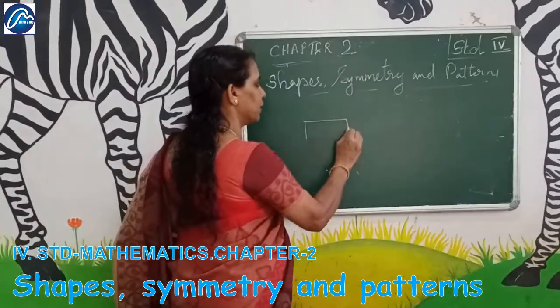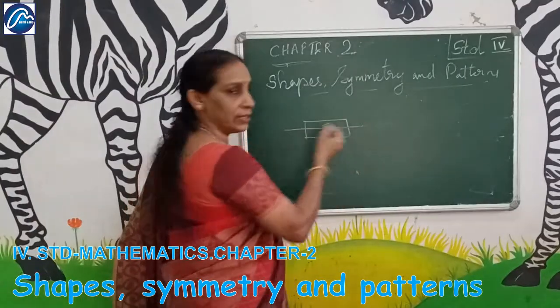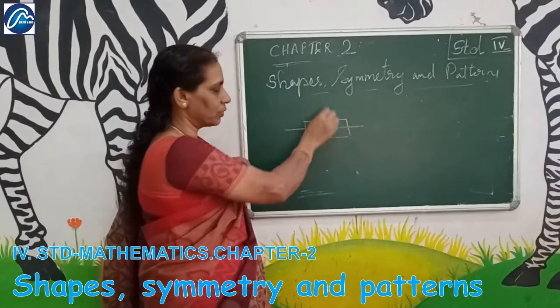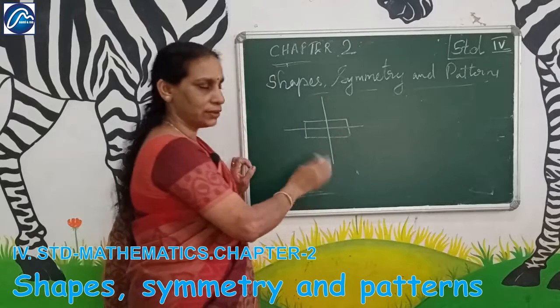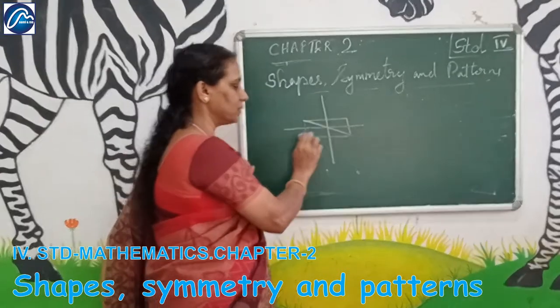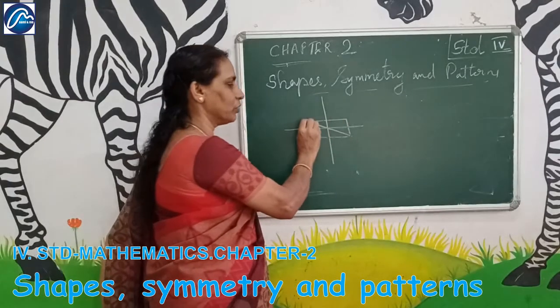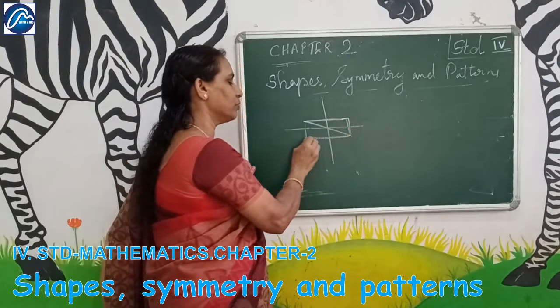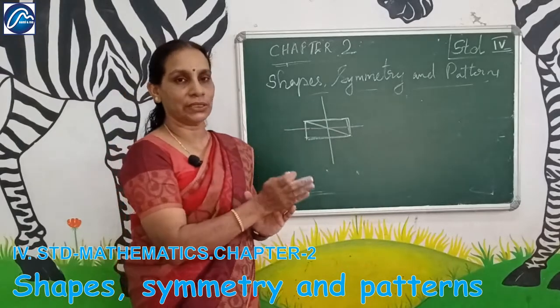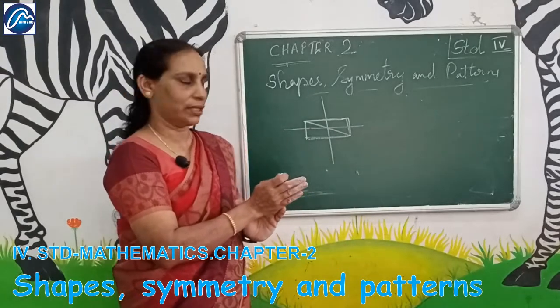Suppose it's a rectangle. If you draw like this, this is the reflection of this side. And if you draw like this, it is the reflection of this side. So there are 3 lines of symmetry. A line of symmetry cuts a shape into two equal parts.